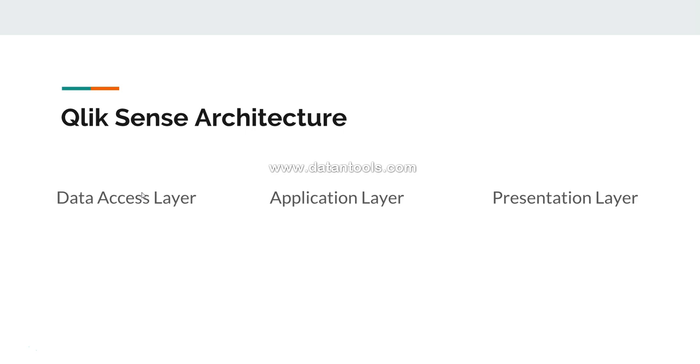You have these connectors available on the Qlik website, apart from the regular ones like Excel and databases, and you can get data from these various sources to bring it into Qlik Sense. So that's where the first layer comes into the picture.